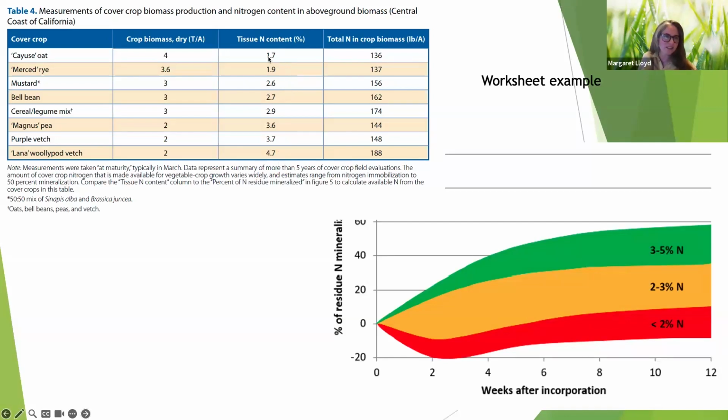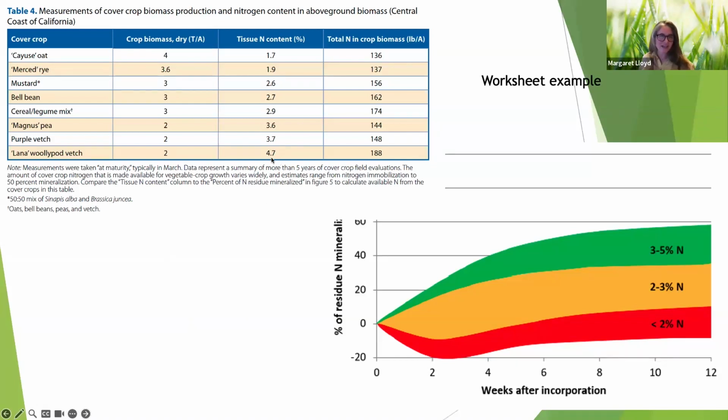So let's look at the Cayuse oat at 1.7%. That's going to fall in this less than 2%. And it's hovering pretty close to 0. So we would not expect much nitrogen to be mineralized from that material.